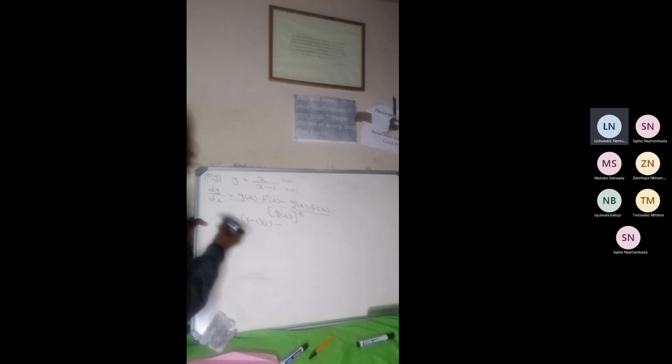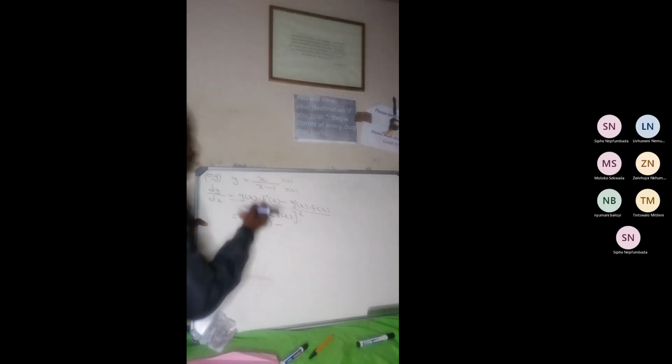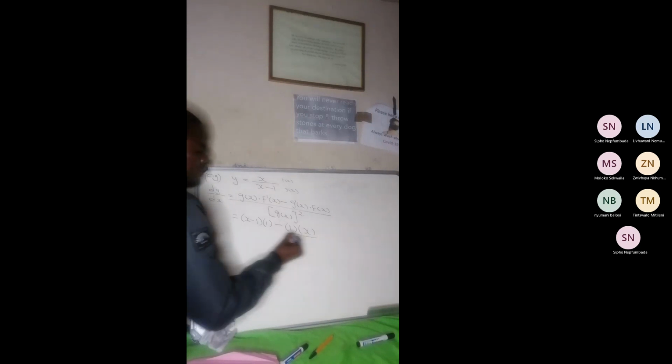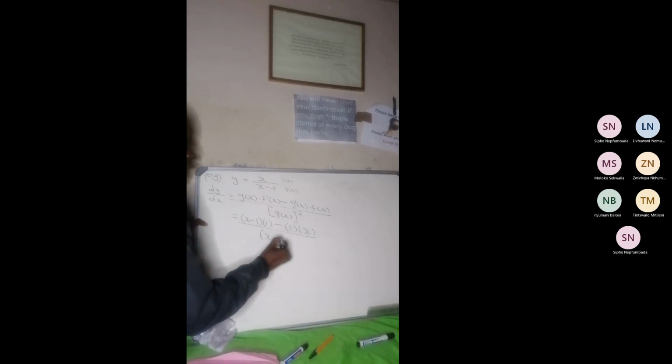Then we say minus the derivative of the denominator, which is also 1, multiplied by x, and we divide by x minus 1 to the power 2.